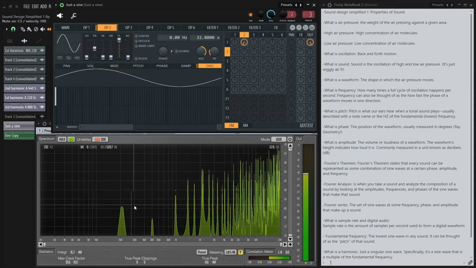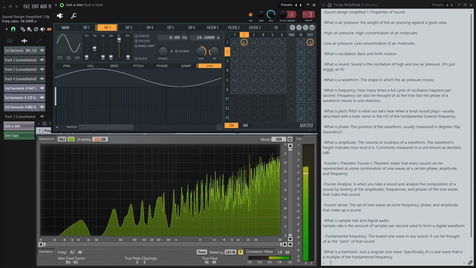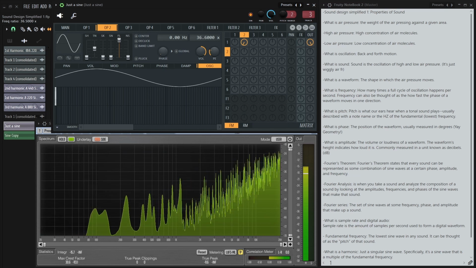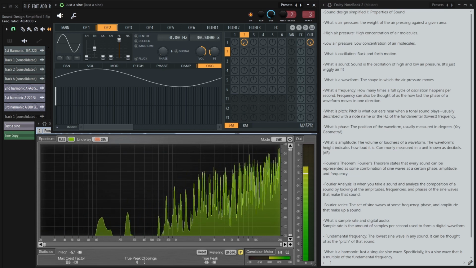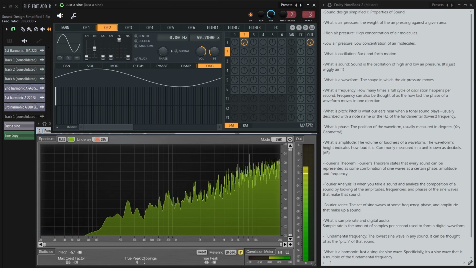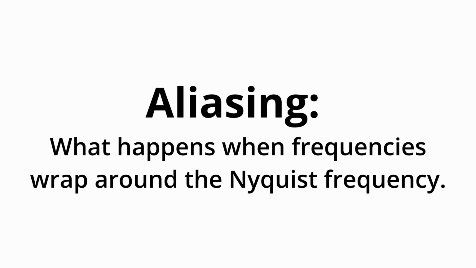Like this guy right here. And so on. This behavior of frequencies going to Nyquist and wrapping around it is called aliasing, and it's something to be aware of when doing sound design with higher frequencies.